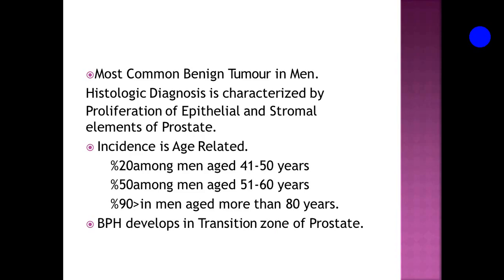Benign prostatic hyperplasia is the most common benign tumor in men. The histologic diagnosis is characterized by proliferation of epithelial and stromal elements of the prostate.